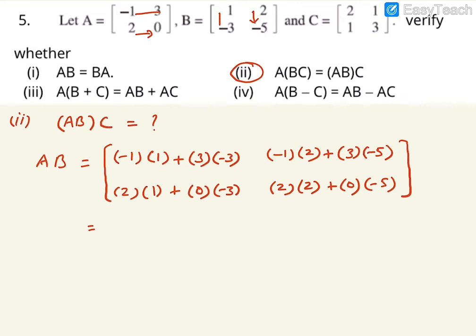So we will get minus 1 and minus 9, so it will be minus 10, minus 2 and minus 15, minus 17. 2 plus 0 will be 2, and 2 times 2 is 4, plus 0 will be 4. Instead of writing here, you can write here minus 10, minus 17, 2 and 4.